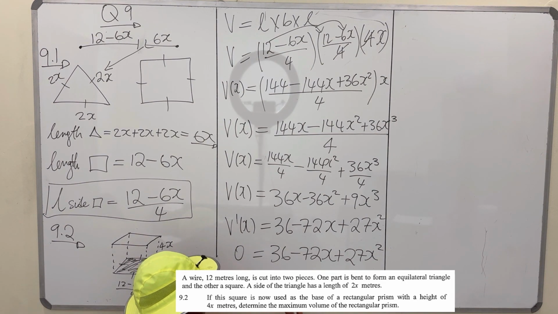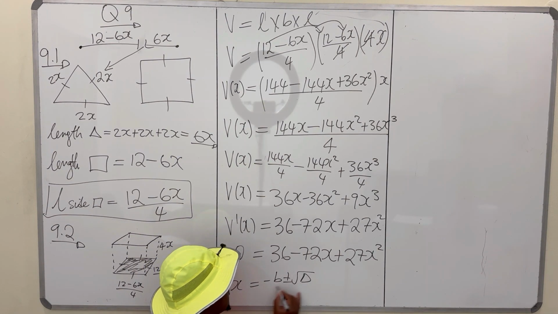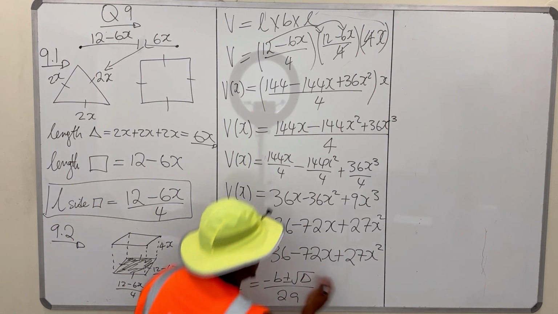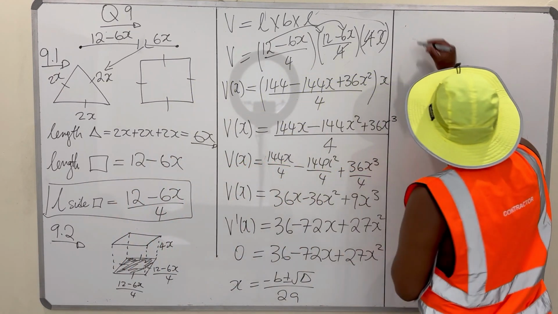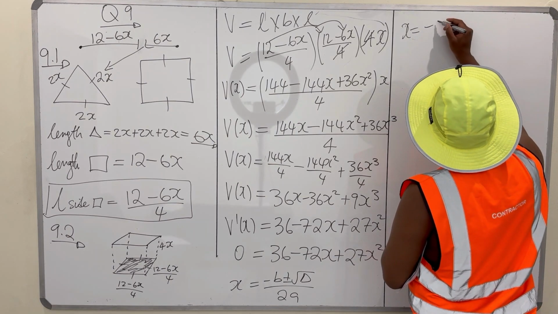Then solve for x. Your x is equal to negative b plus or minus the square root of the discriminant, all over 2a. So for your x, it is negative b. What is your b?